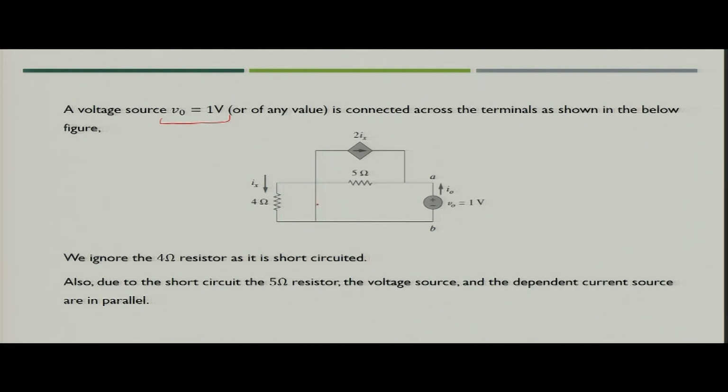What happens when you short circuit a resistance? The current flowing through the resistance will be 0 because the short circuit wire has the least resistance and the whole current will pass through it. That means the value of I x would be equal to 0.